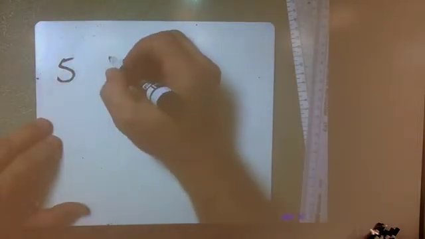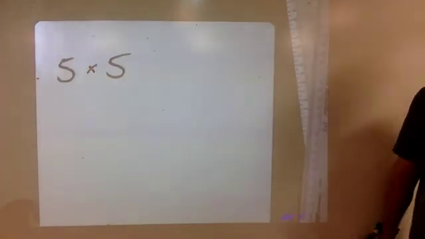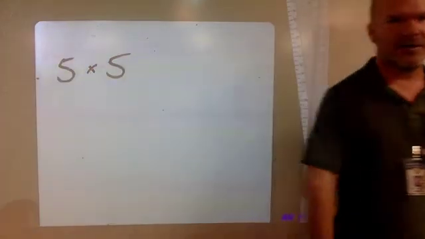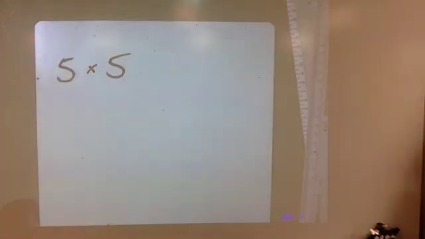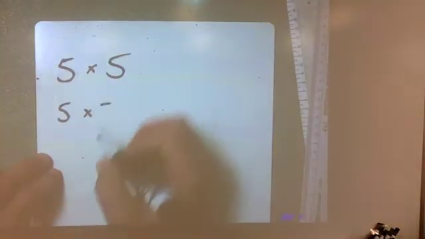All right, everybody know there's four combinations when it comes to positive and negative. You could have a positive and a positive, 5 times 5. I'm just going to use multiplication because the rules are the same with multiply and divide. So you could do positive times positive. You could do positive times negative.